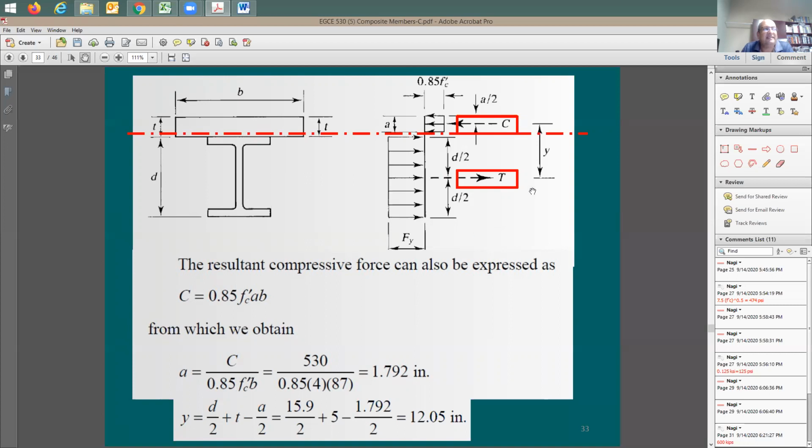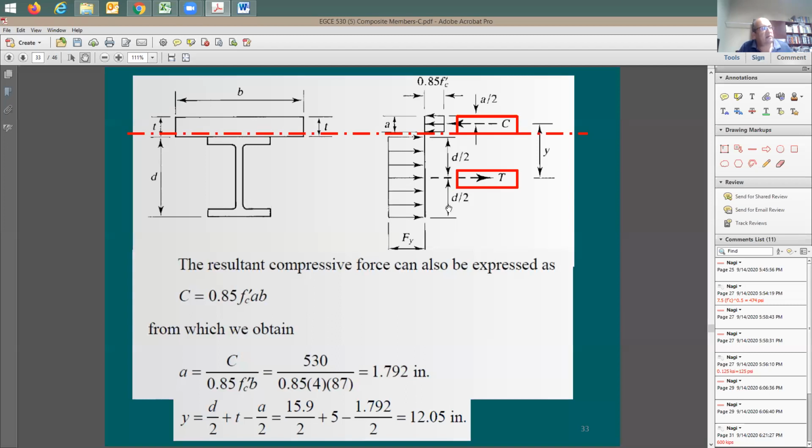Now, how much is the distance from tension to compression? Where's the tension force? Tension force is going to be right at the mid-height of the steel beam, at d/2 from each side, very similar to concrete design, when we say tension is right at the center of the rebars. Do you remember this? Tension is going to be at the center of the steel section.